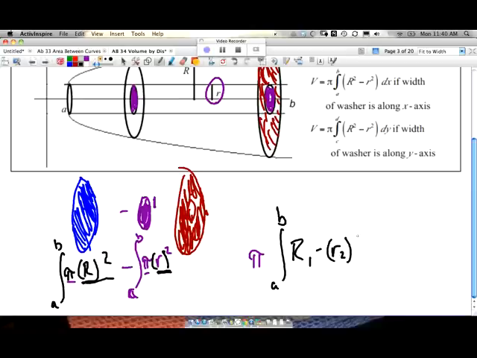Do remember that these need to be squared. It is not big R1 minus little r2 quantity squared. It is not that. And in fact, that's a very common error that you guys will see as we go through this. And if you were to do this, you lose a good amount of points, especially on like a free response question. So let's take a look. Let's just jump right in.